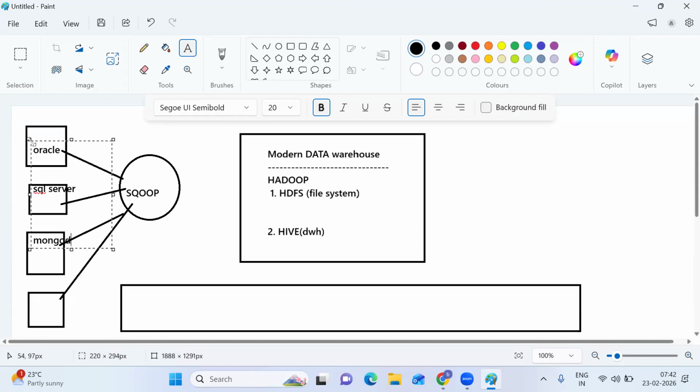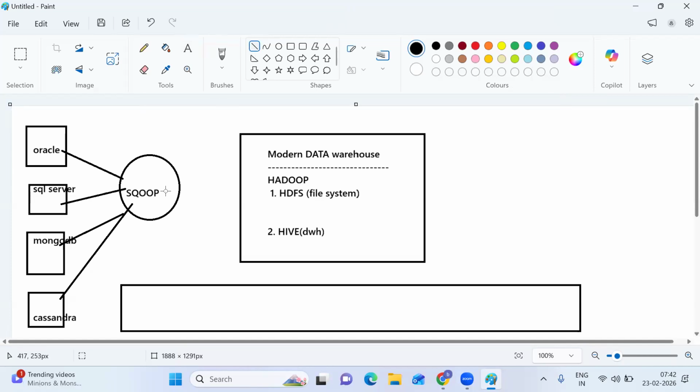MongoDB, a NoSQL database. Cassandra, a NoSQL database. In our traditional systems, they connect only with OLTP RDBMS databases. Nowadays there is great demand and importance for NoSQL databases. That's why in our organizations there are mixed OLTP systems. Some systems are RDBMS, some are NoSQL. So Sqoop can connect with that.